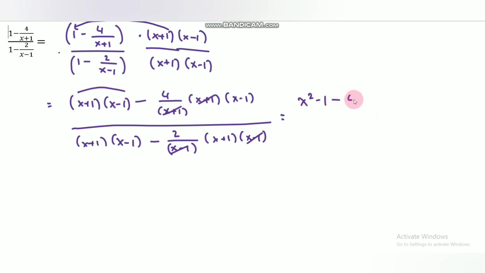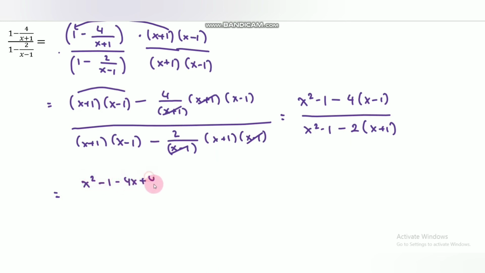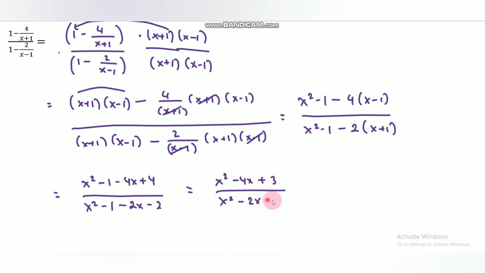Minus 4 times x minus 1 over x squared minus 1 minus 2 times x plus 1. And in the end, I have x squared minus 1 minus 4x plus 4 over x squared minus 1 minus 2x minus 2. It will be x squared minus 4x plus 3 over x squared minus 2x minus 3.